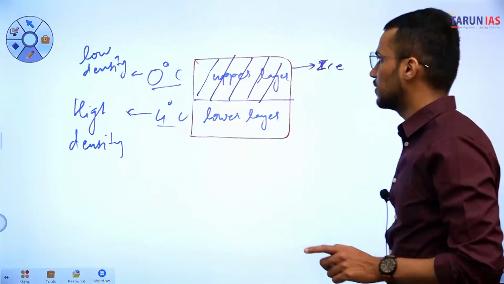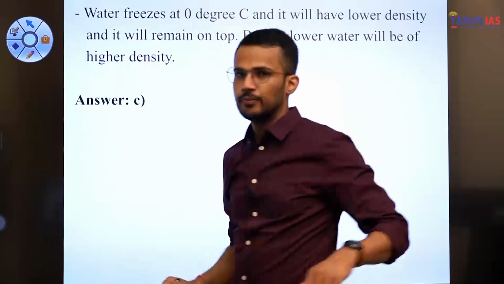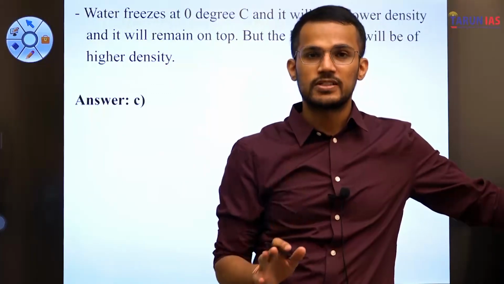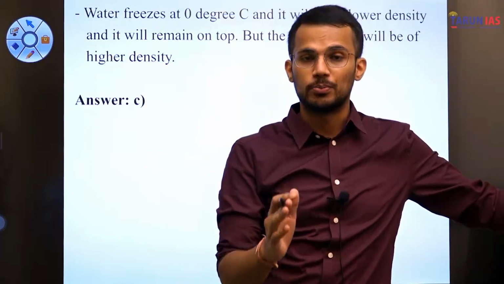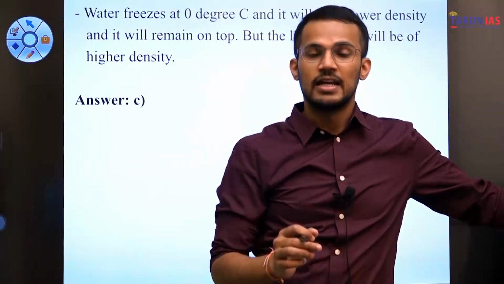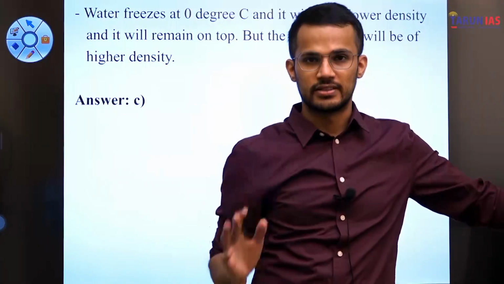So based upon this, we can say that the water of a lake body at the bottom will remain in liquid stage as a result of one of the properties of water, and that property is that its density is highest at 4 degrees Celsius.